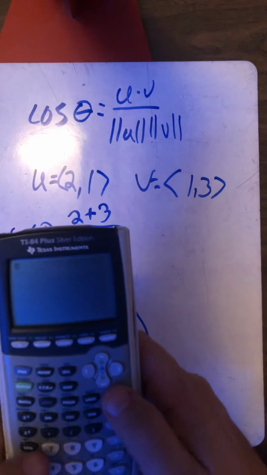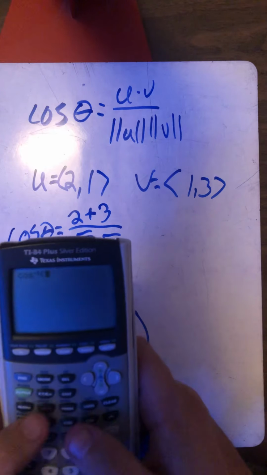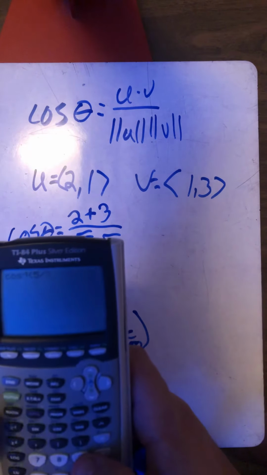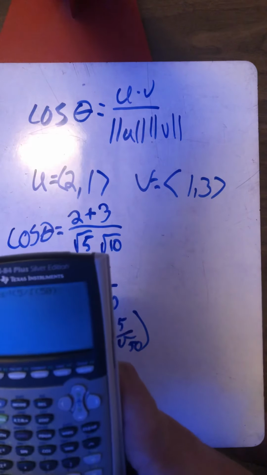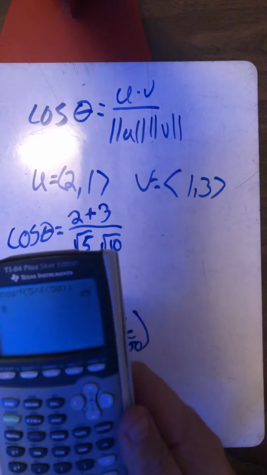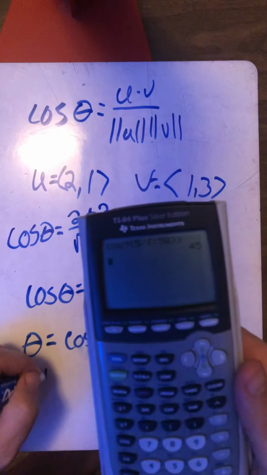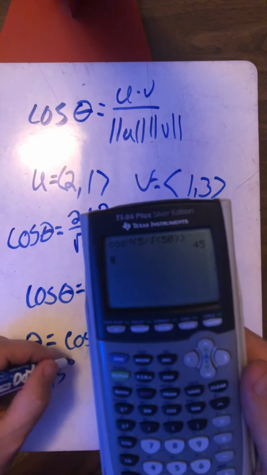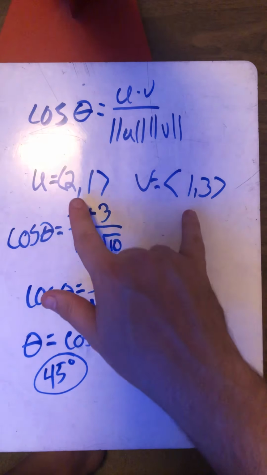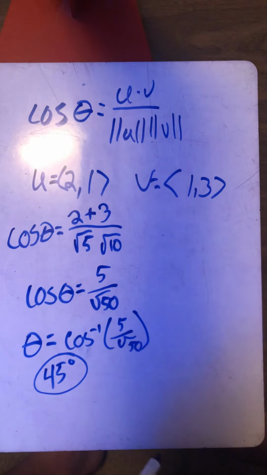So, inverse cosine of 5 divided by the square root of 50, and I got 45 degrees. That is the angle between these two vectors. So there's a 45 degree difference between the two of them.